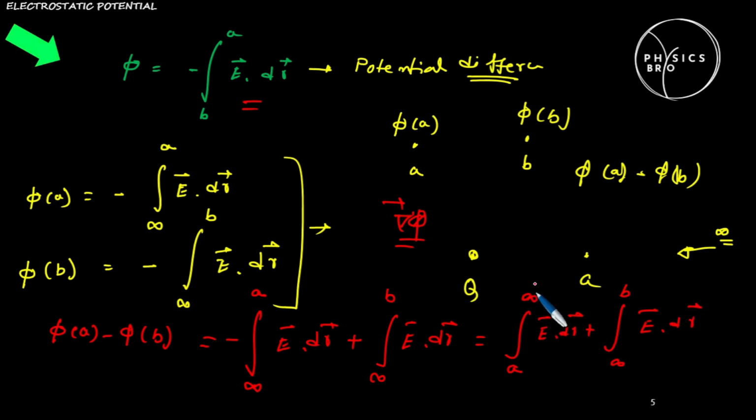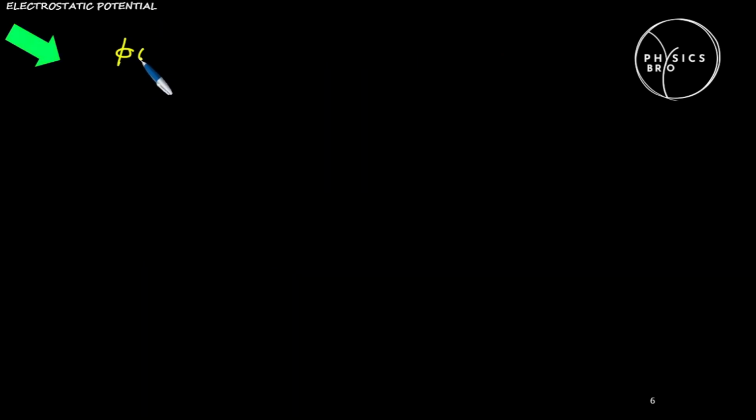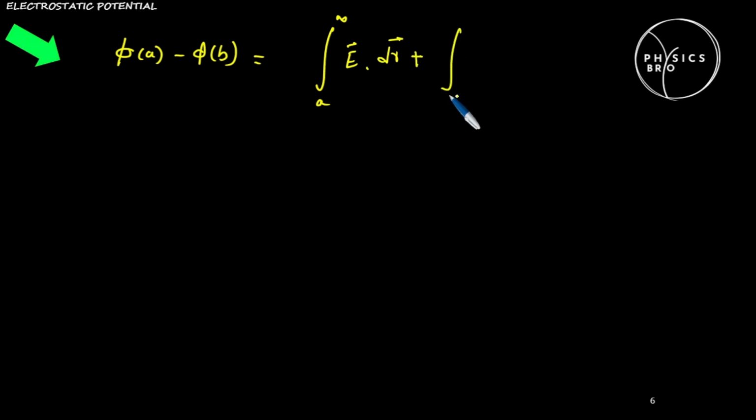Now look, this upper and this lower are the same, so we can eliminate both and we are left with this lower and this upper. So let's go to the next slide. Phi A minus phi B equals, I'm writing it again, from A to infinity E dot dr plus infinity to B E dot dr. You got it.